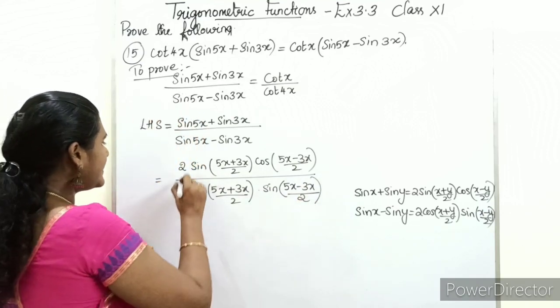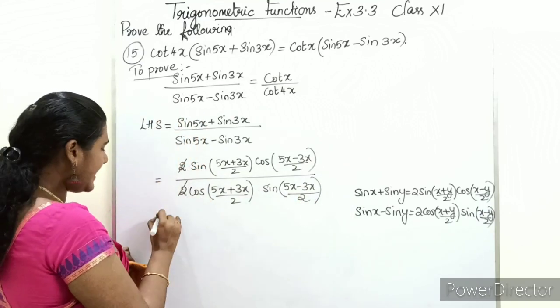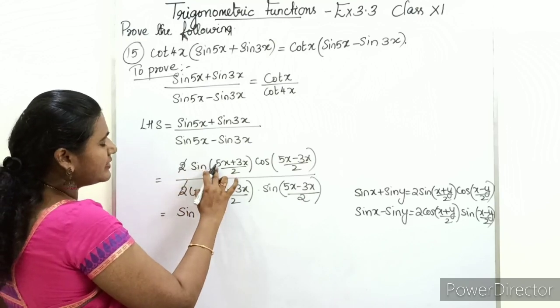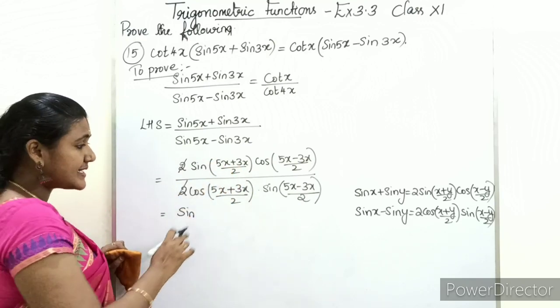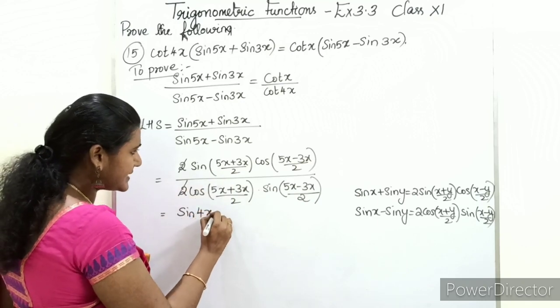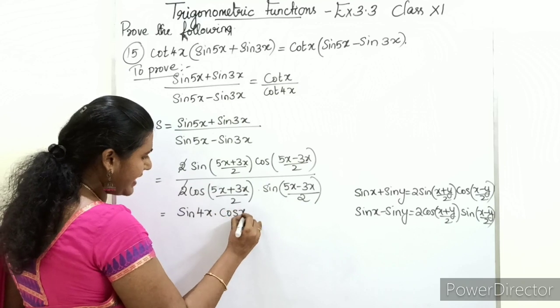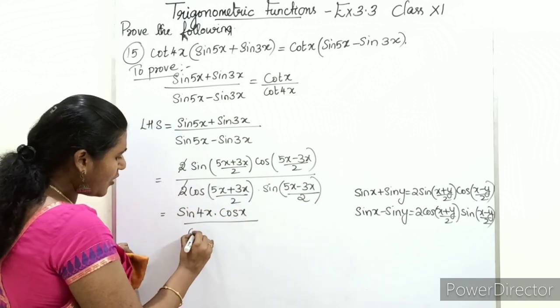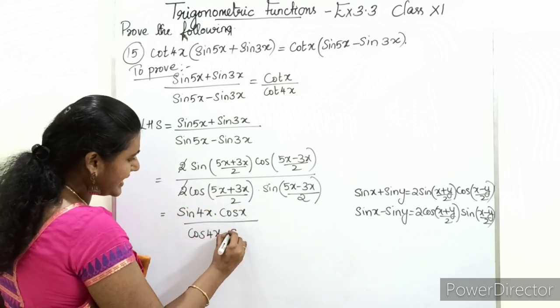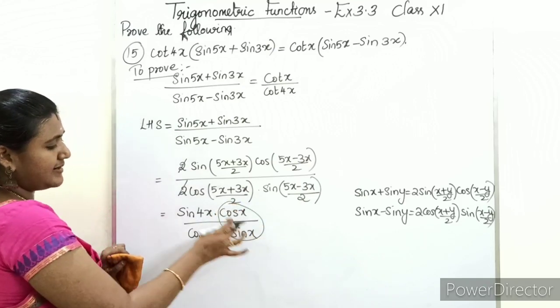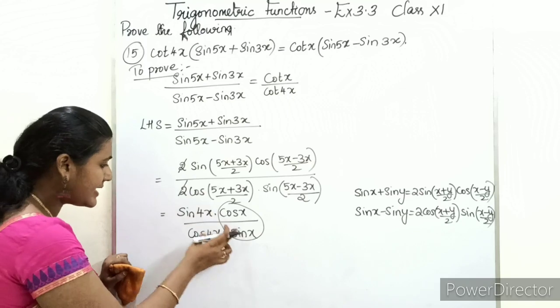Now we will simplify this. 2 will get cancelled and other terms we will simplify, that is sin (5x plus 3x is 8x) by 2, that is sin 4x, into, here 2x by 2, that is cos x, divided by cos 4x into sin x. Now you see here cos by sin, we can write as cot.